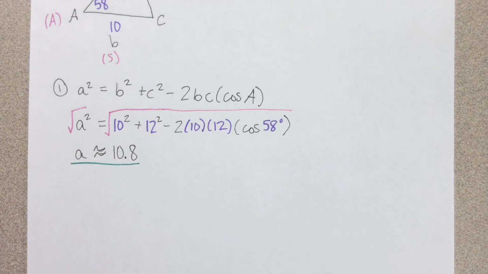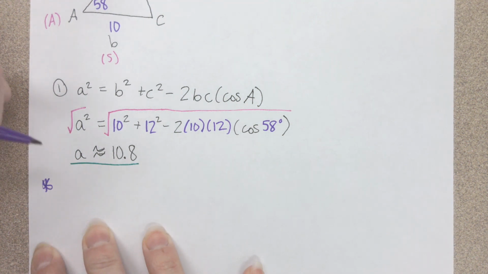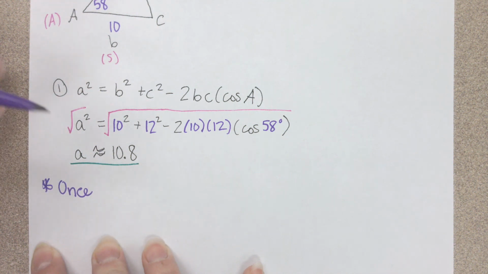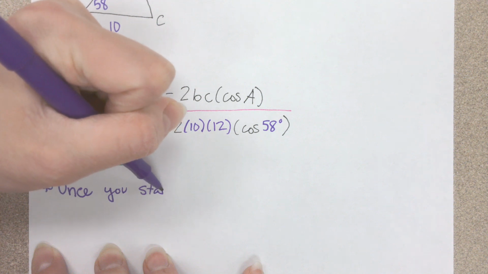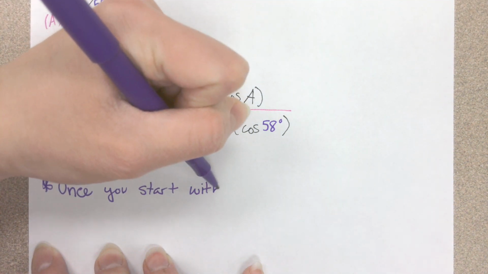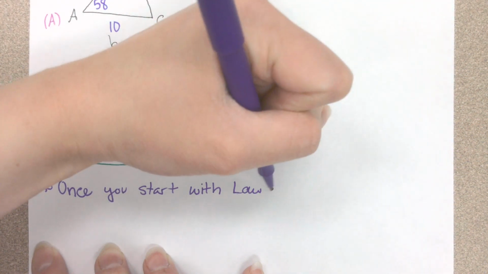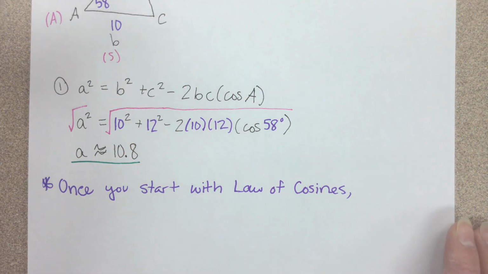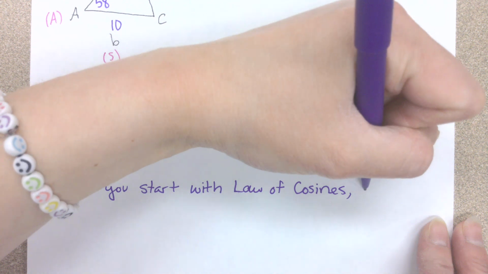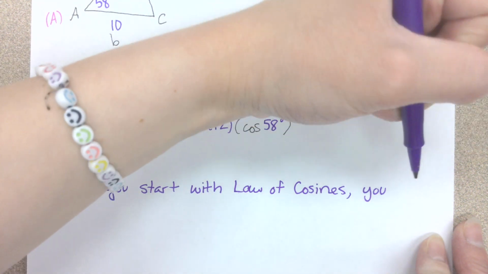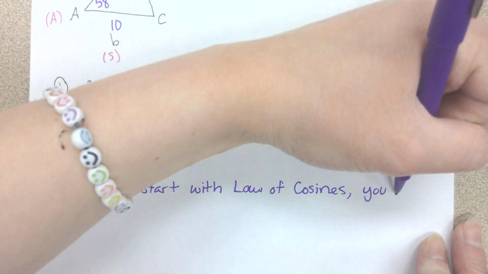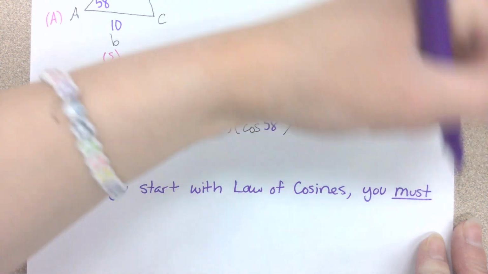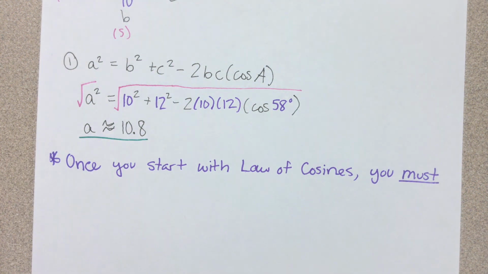I'm going to write out basically what I just said. Once you start with law of cosines, I'll put must. It's doable with law of sines, but I don't want you to make a mistake and it costs you some points.